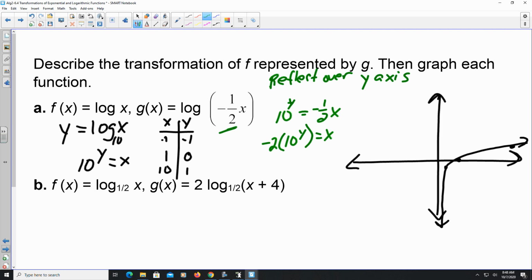And because it's a value of 2 on the outside, it's actually a stretch of 2 because it's all absolute value. And in this particular graph, we will notice that because it's flipped, it'll look something kind of like this.